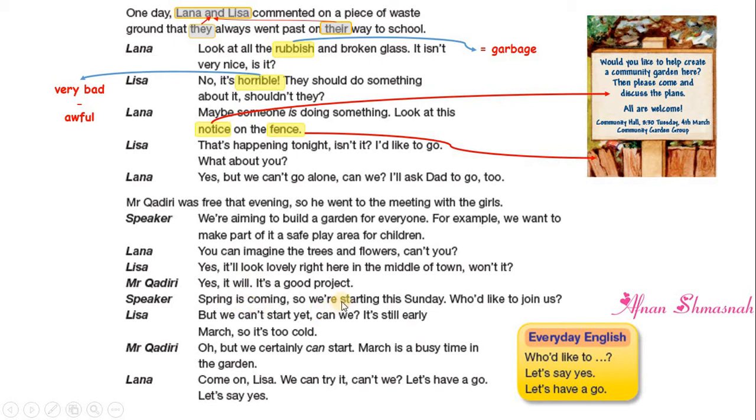Spring is coming, so we're starting this Sunday. Who would like to join us? Lisa? But we can't start yet, can we? It's still early March, so it's cold. Oh, but we certainly can start. March is a busy time in the garden. Come on, Lisa, we can try it, can't we? Let's have a go. Let's say yes.